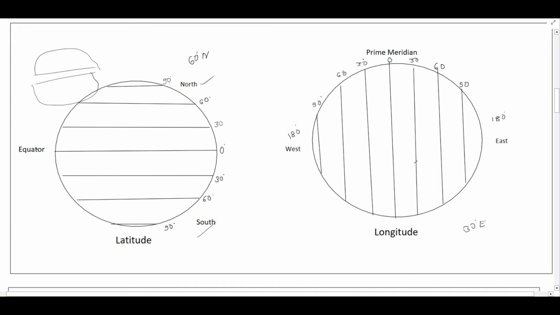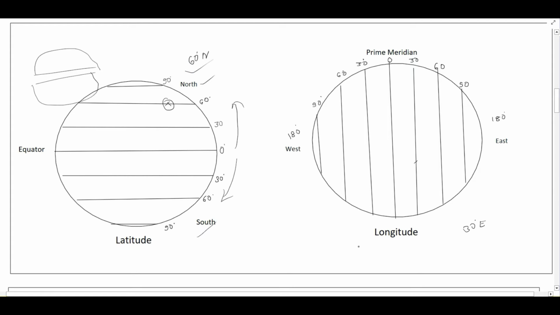In between there is a line of 0 degrees, which is called the equator, and if you go towards the north it increases from 0 to 90 degrees, like 0, 30, 60, 90, as I have given here. If you go towards the south, again it increases from 0 to 90 degrees, but in the south direction. Suppose a user is present at this position, then you can say the user is present at 60 degrees north. This is how latitude is calculated.